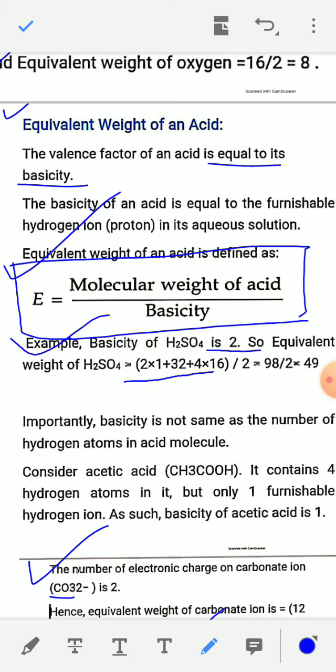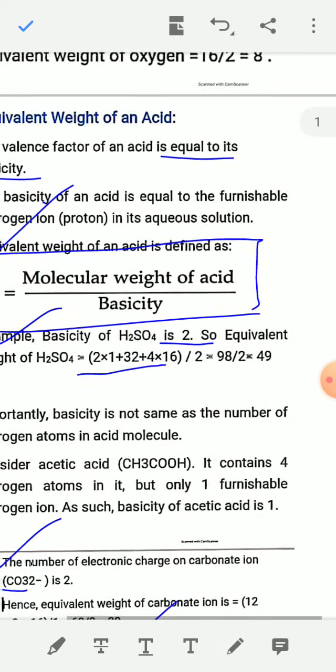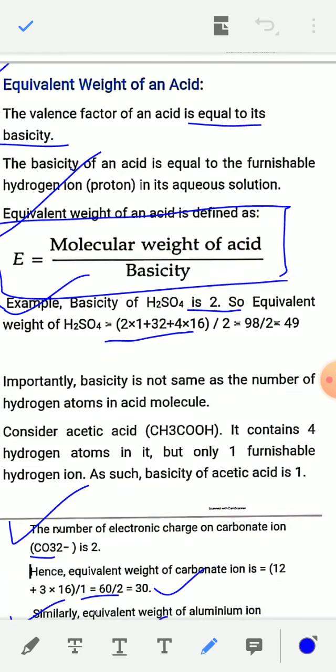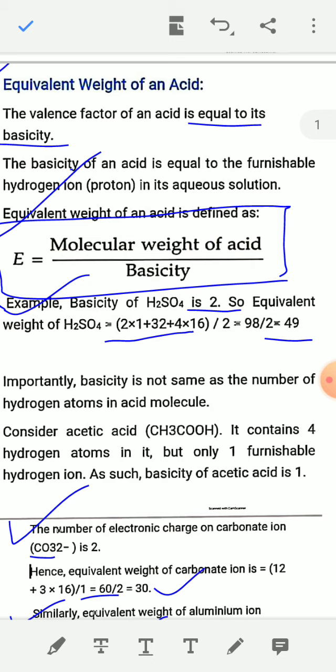So equivalent weight of sulfuric acid is 98 divided by 2, that is 49. However, 98 is the molecular weight of sulfuric acid, but the equivalent weight of sulfuric acid is 49.